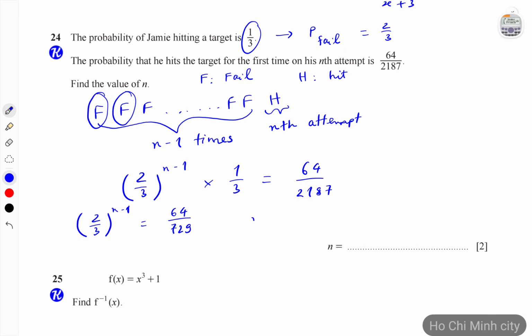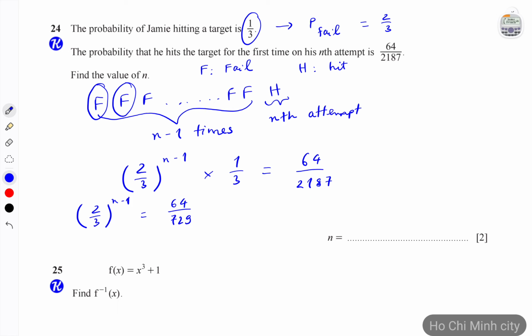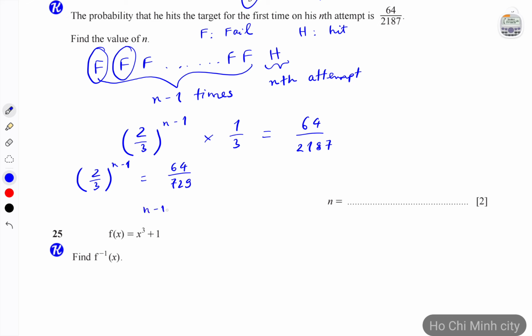All right, so now n minus 1 is going to be the log of 64 over 729 divided by the log of 2/3.